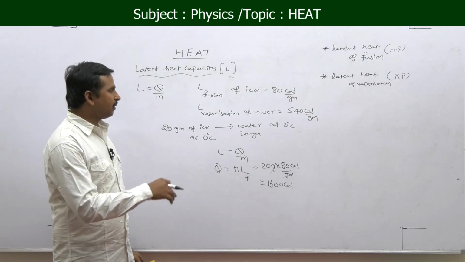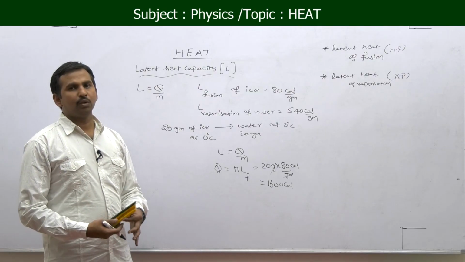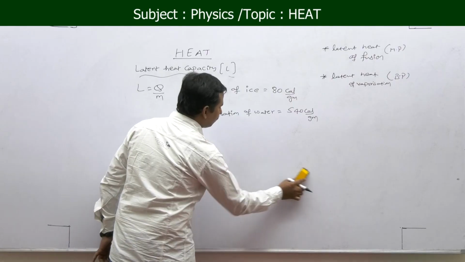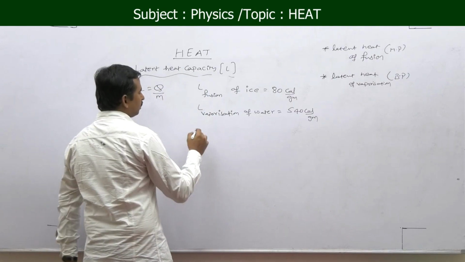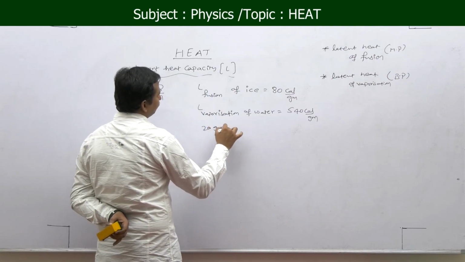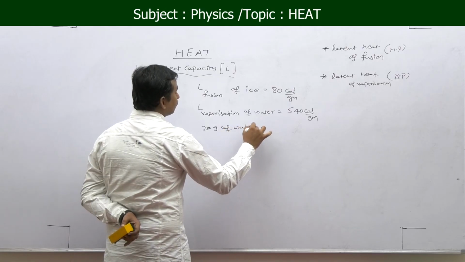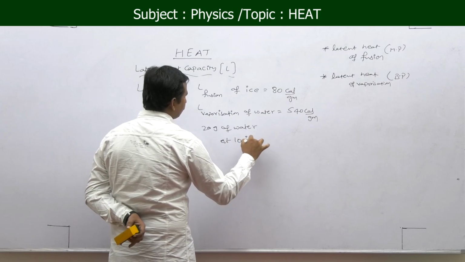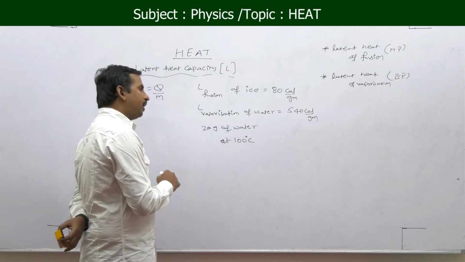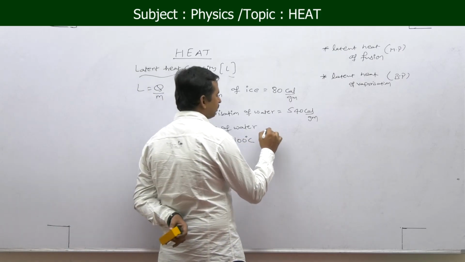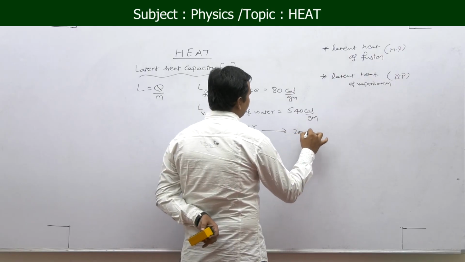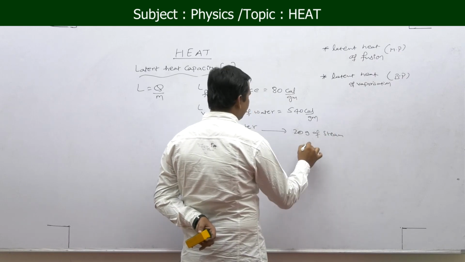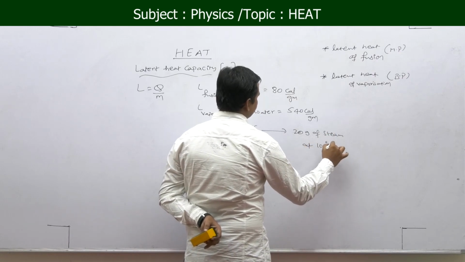Okay. And in the same way, for the case of water to steam, the temperatures are different. Now we are taking 20 grams of water, but this time at 100 degrees Celsius. 20 grams of water at 100 degrees Celsius is becoming 20 grams of steam, again at 100 degrees Celsius.